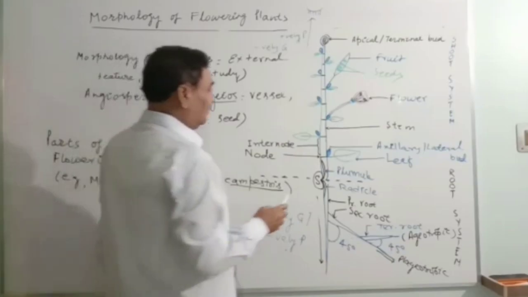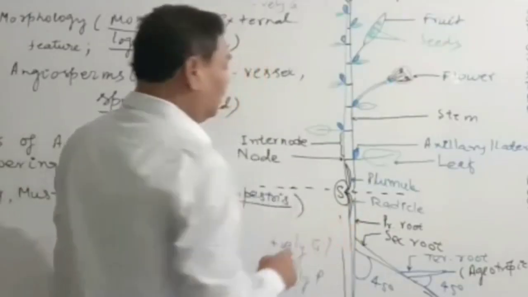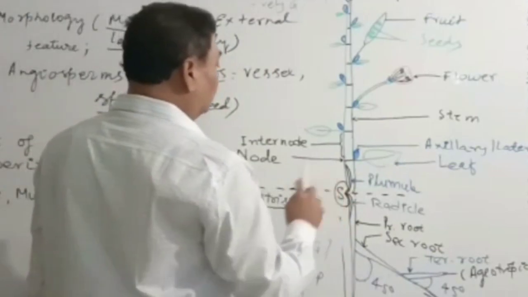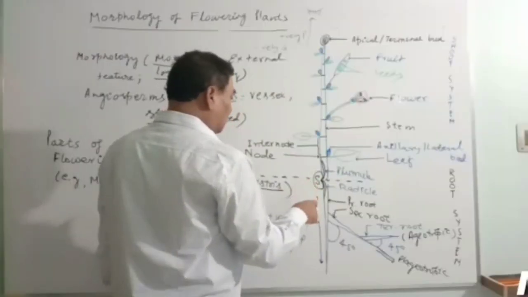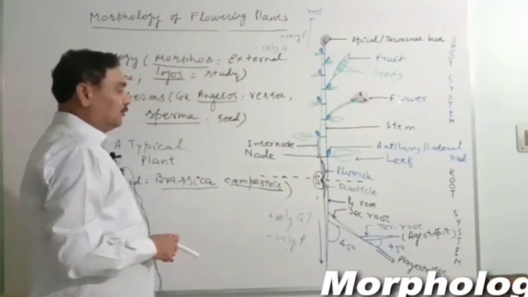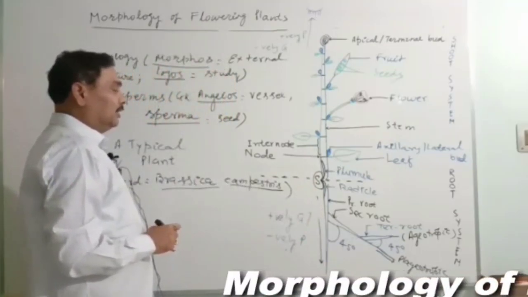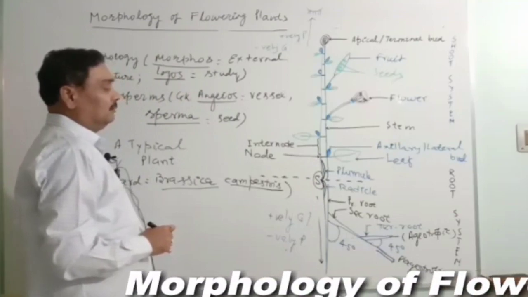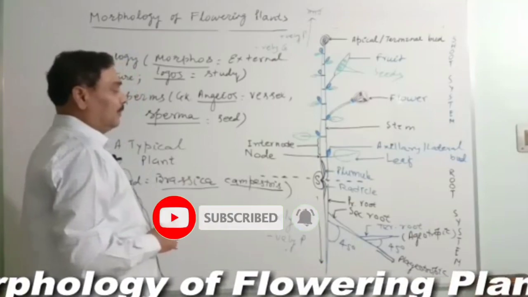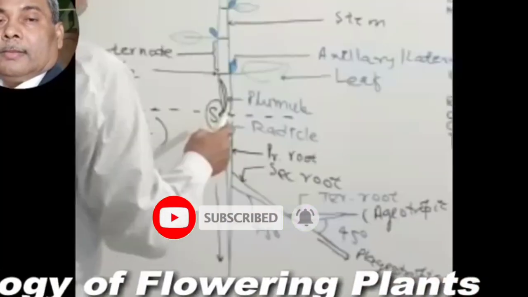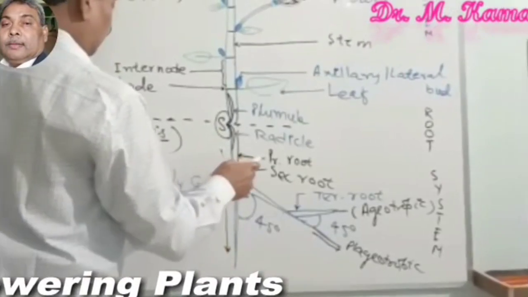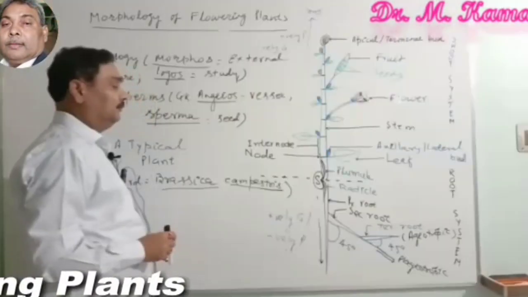When a seed germinates, two structures emerge out: radicle and plumule. Radicle emerges first of all because it has to form the vegetative part of the plant, that is the root system. The direct elongation of radicle is called primary root.